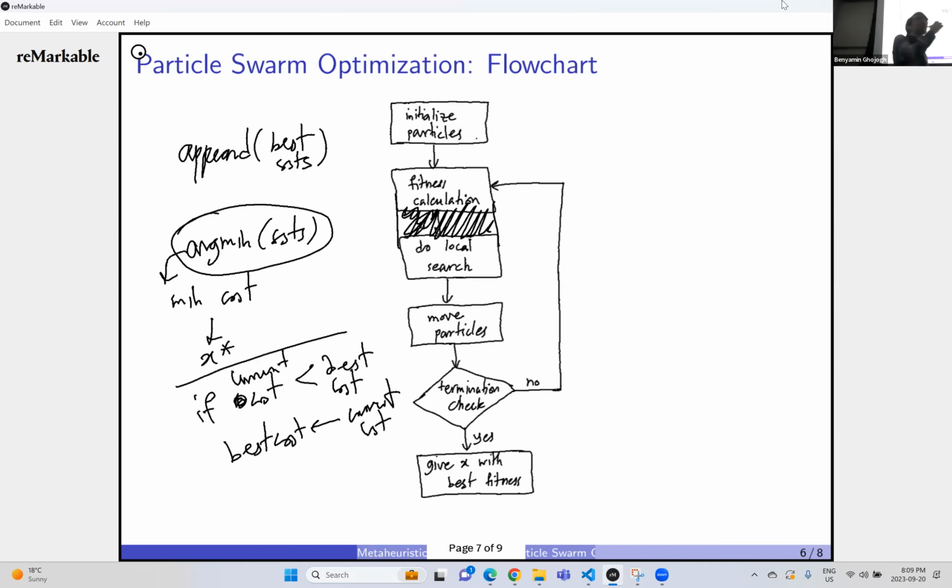Of course you have to update two things: the best cost, the min of cost, and the best x, the argmin of cost. You have to store both of them. Agreed? Why do you need to store the best cost? Because you always want to compare to it. Why do you need to store the best x or argmin? Because at the end you want to return it. Understood?